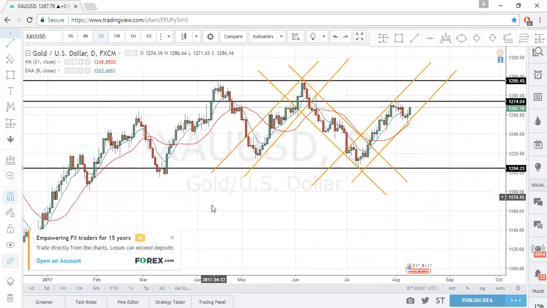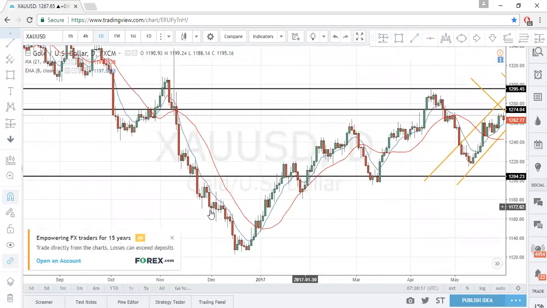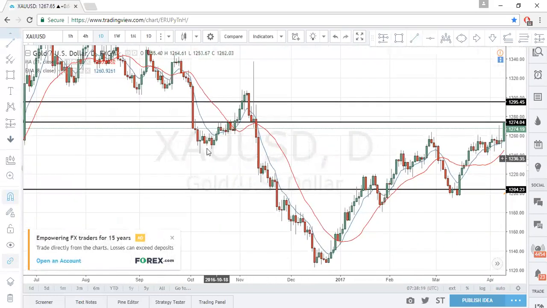Bear in mind, we have ranging markets and we have trending markets. This is a trending market. The market seems to be moving. A ranging market would be something like this, whereby we don't know if it's going up or going down. It's just stuck.